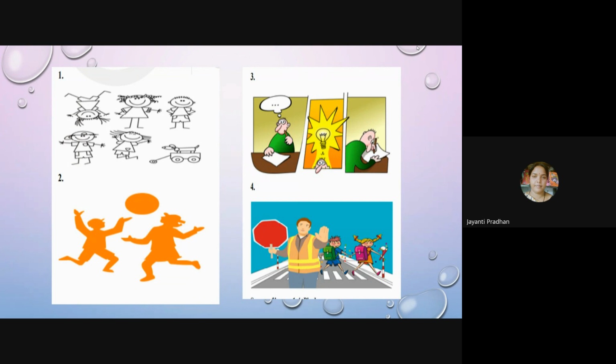Then for 4, who has told the answer? Please name. Ma'am, Tapashwini. Okay, so Tapaswini is saying this is behaviorism. Why do you think so? Ma'am, because the traffic police is showing the red signal to stop from one side and let the other students or individuals cross the road.